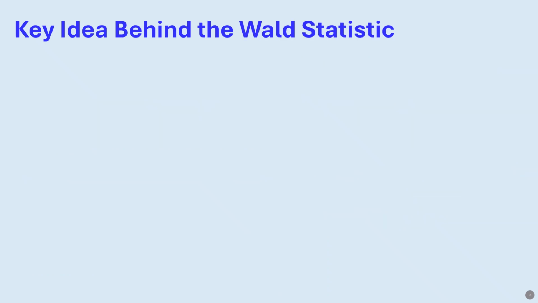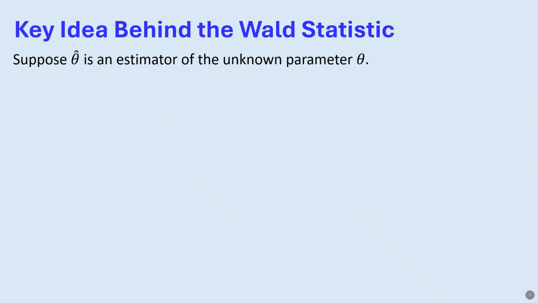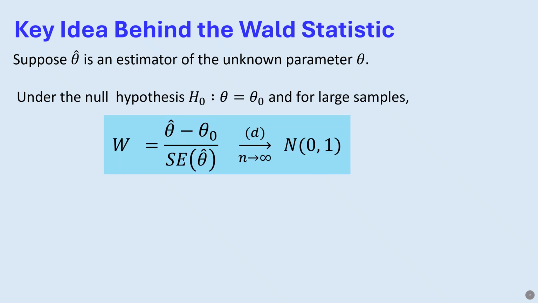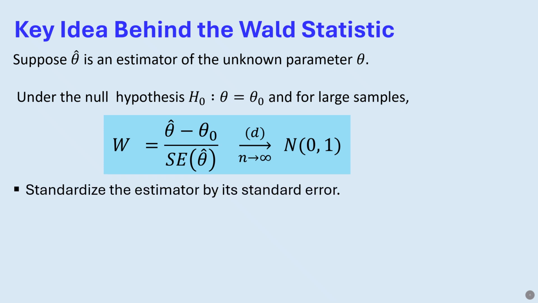Suppose theta hat is an estimator of the unknown parameter theta. Under the null hypothesis, theta equals theta naught. For large sample sizes, we standardize the difference between the estimator and the hypothesized value by dividing it by its estimated standard error. The resulting standardized quantity is the Wald statistic. Mathematically, we write this as W converges in distribution to a standard normal distribution.